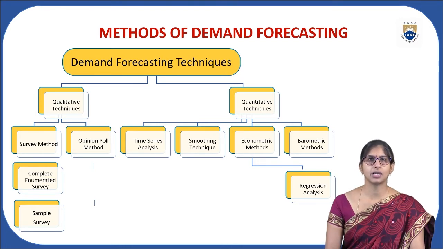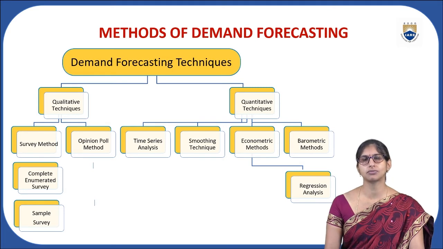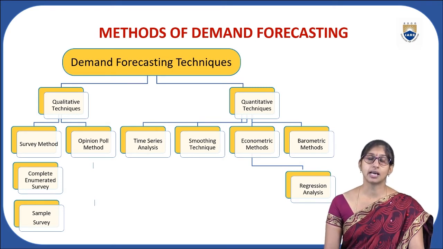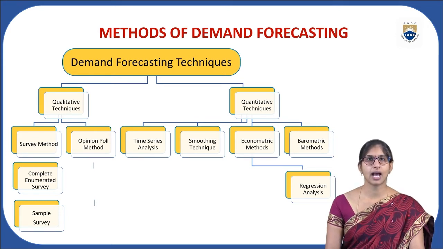Basically we divide demand forecasting techniques into two types, quantitative techniques and qualitative techniques. In qualitative techniques we have two methods called survey method and opinion poll method. In survey method, again we have complete enumerated method and sample method.